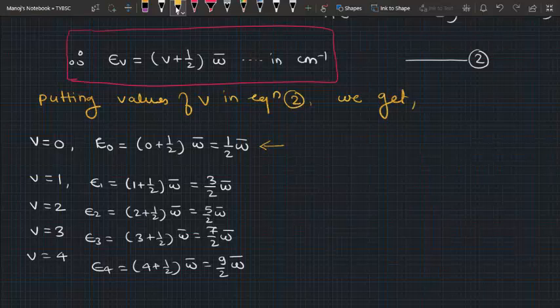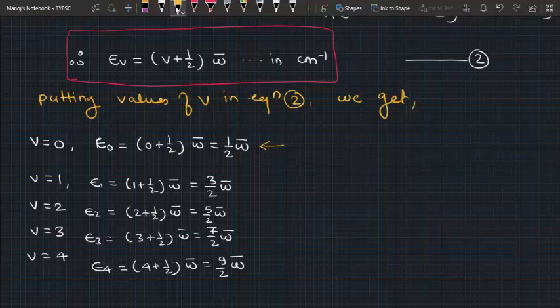In other words, a molecule always vibrates with 1 half omega bar energy at vibrational quantum number 0.